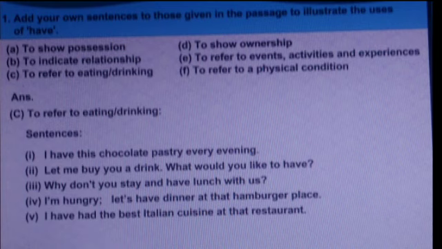Number 4, I'm hungry. Let's have dinner at that hamburger place. Number 5, I have had the best Italian cuisine at that restaurant. All the above examples refer to eating or drinking activity. Here we have seen how have is used in different sentences.